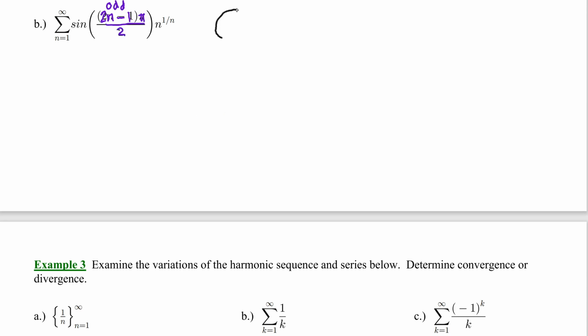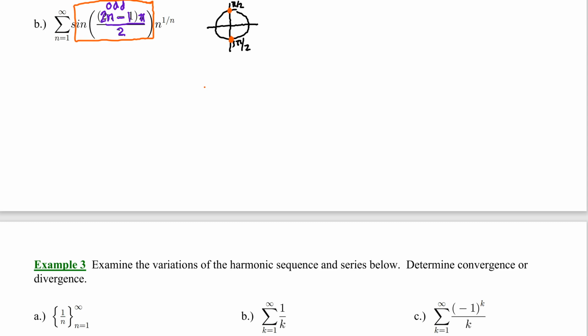On our unit circle, all of the odd multiples of pi over 2 will be coterminal with pi over 2 or 3 pi over 2. So the odd multiples of pi over 2 will either be positive 1 or negative 1. So the alternating sign is encoded in this factor right here. That's the same thing as raising negative 1 to a power.